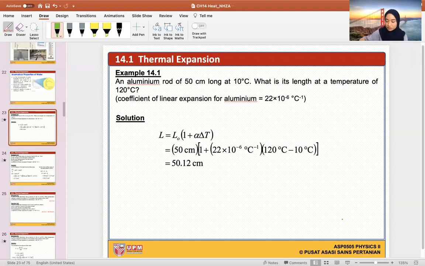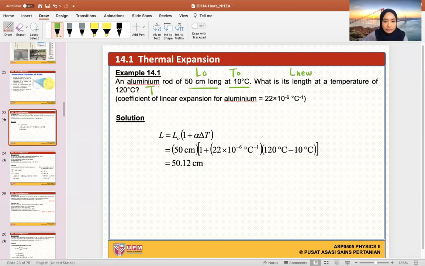Okay, so here the question says an aluminum rod of 50 centimeter long at 10 degrees Celsius. So this is your T naught and this is your L naught, the original condition. What is its new length at a temperature of 120 degrees Celsius?